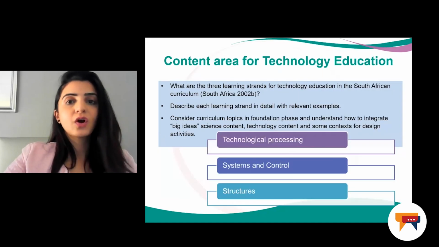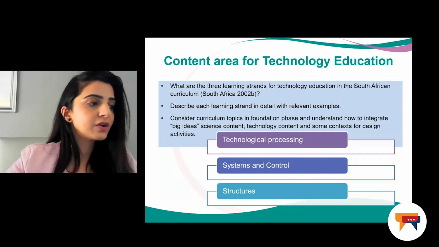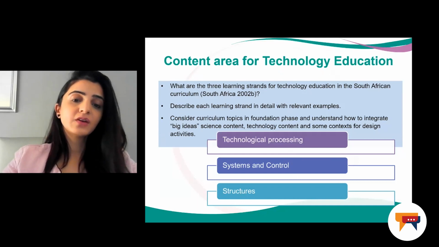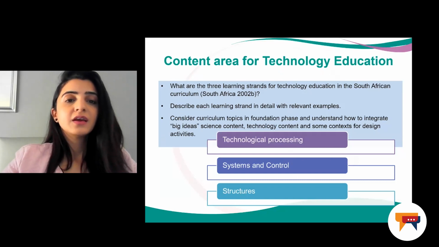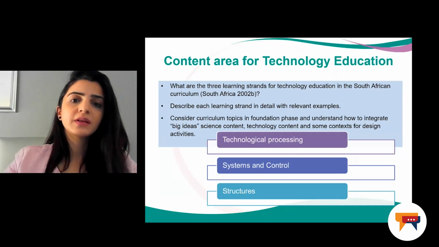Okay, so now we're looking at the content areas for technology education. Remember, there are 3 learning strands for technology education in the South African curriculum. And like I said, it's the technological processing, systems and control structures. And you need to be able to describe each learning strand in detail with relevant examples.